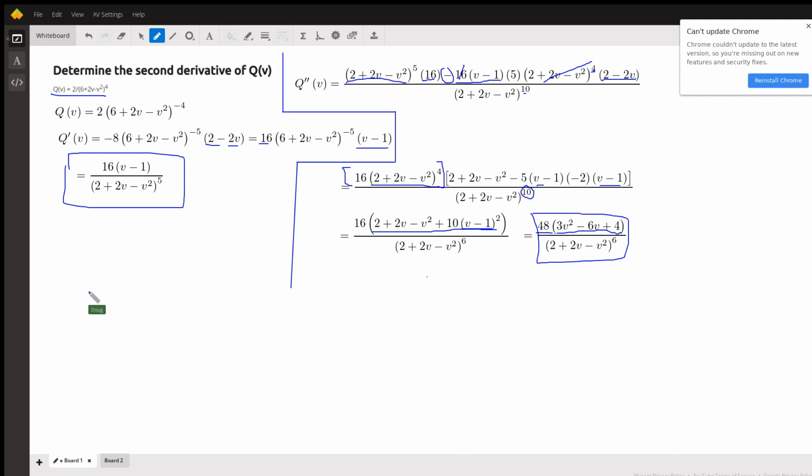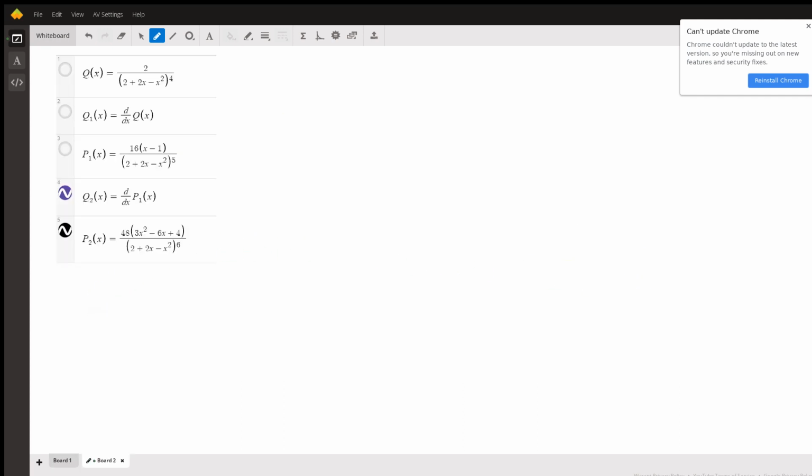And here's kind of a way to prove that on Desmos. Okay, here's the original function. Here's q prime, or q sub 1, using the Desmos derivative operator. Here is p sub 1, the answer that we got.